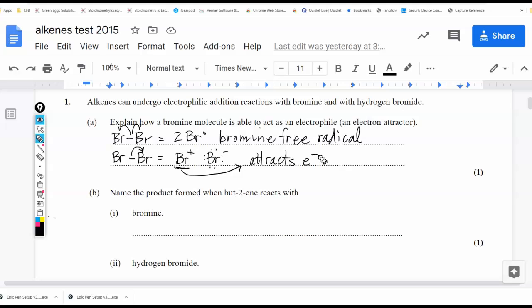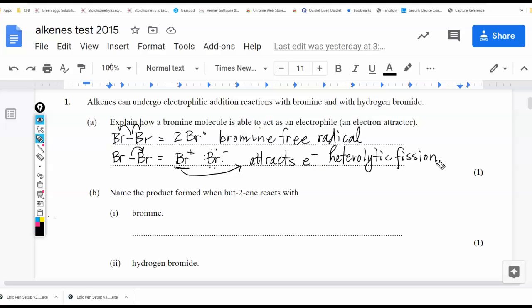So explain how a bromine molecule is able to attract as an electrophile. It undergoes heterolytic fission. If it undergoes homolytic fission, it might not be able to break that pi bond, but that positive right there is going to act as an electrophile, in other words, an electron attractor.